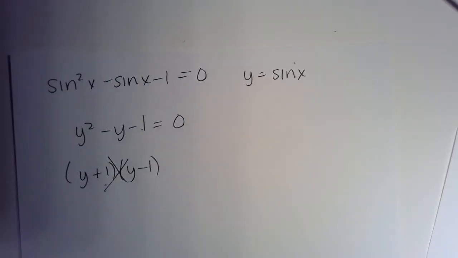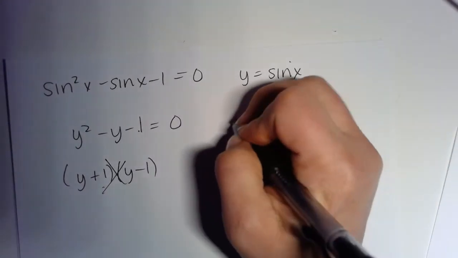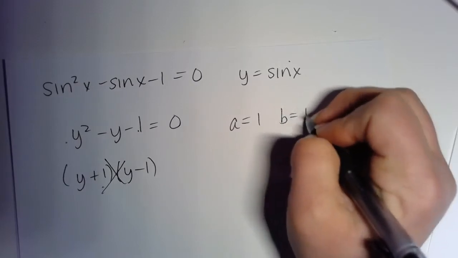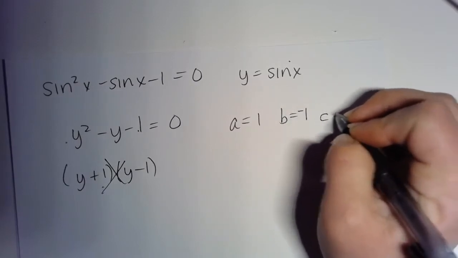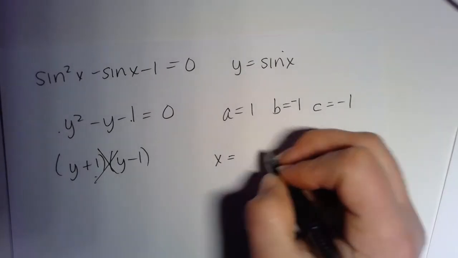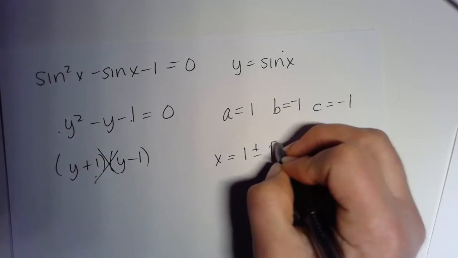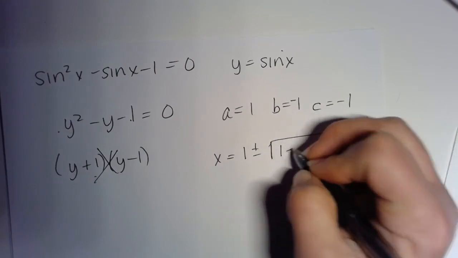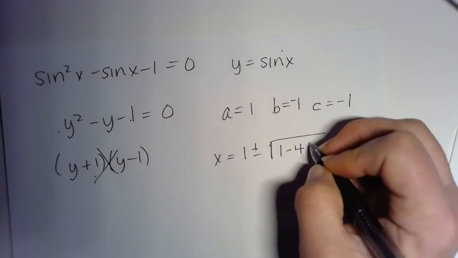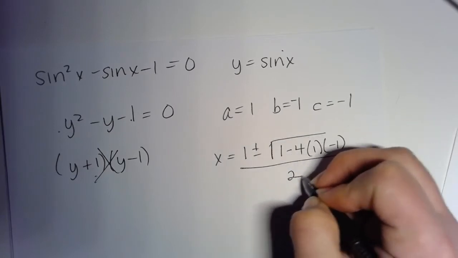But since this here is a quadratic, I can still use the quadratic formula. So in this case, I have a is 1, b is negative 1, and c is also negative 1. So my quadratic goes x equals negative b, so this will be positive 1, plus or minus the square root of b squared, which is 1, minus 4 times a, which is 1, times c, which is negative 1, over 2.